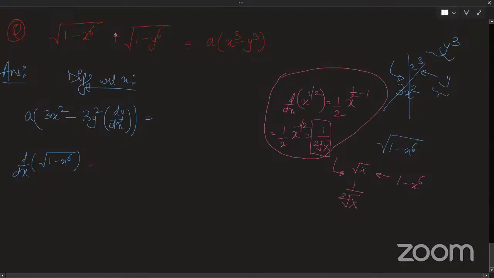So what will be the first term that I write over here? Tell me. 1 by 2 square root 1 minus x raised to 6. Correct. Right? Because I just need to keep my inside.